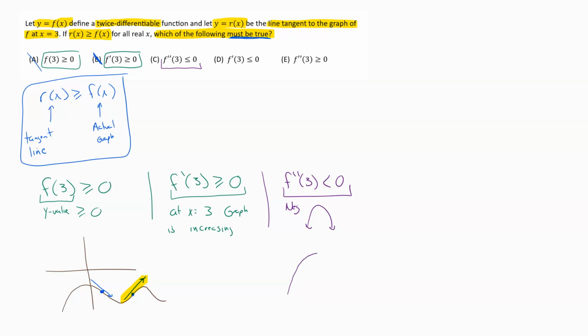Well, if we look at that shape right there and draw tangent lines, we can see that everywhere I would draw a tangent line on this shape, no matter what, these blue lines, which are my r of x graph, are above those purple lines, which would be my f of x graph. So that is absolutely 100% true and must be true always. So what we know is C is absolutely 100% true. There's no way we could have drawn our graph with r of x always above f of x if this graph wasn't always concave down.